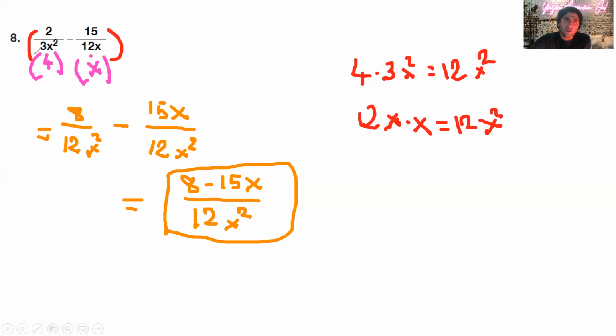So 4 times 2 became 8 over 12x squared. X times 15 will be 15x. X times 12x will be 12x squared. So once my denominators are equal, I can work with the numerator. So 8 minus 15x over 12x squared, and this is going to be my final answer.